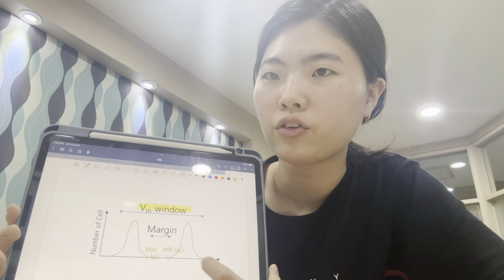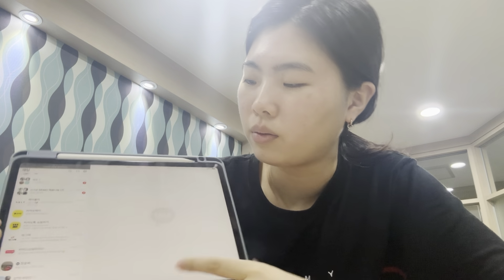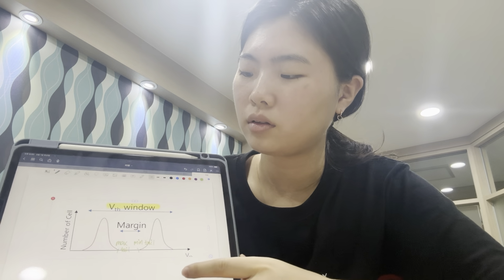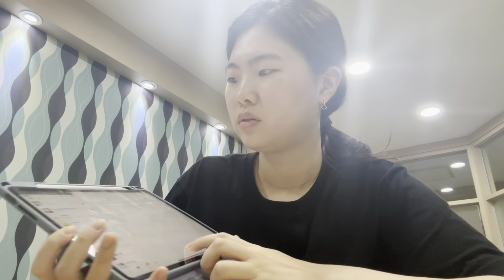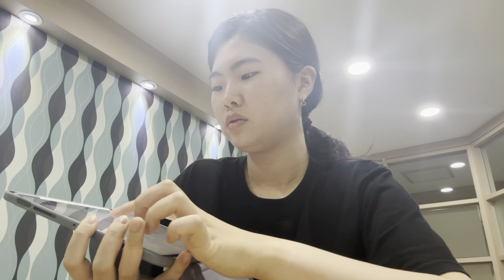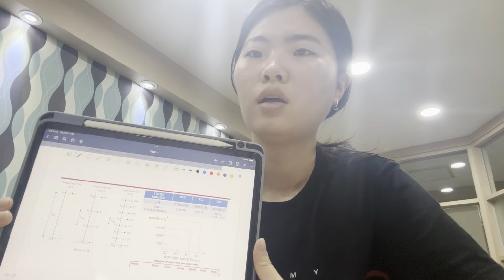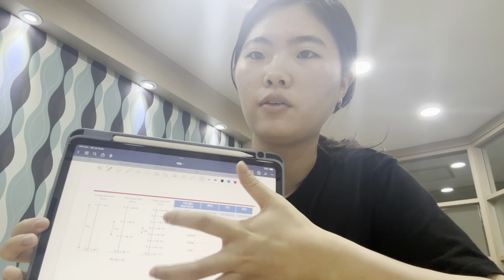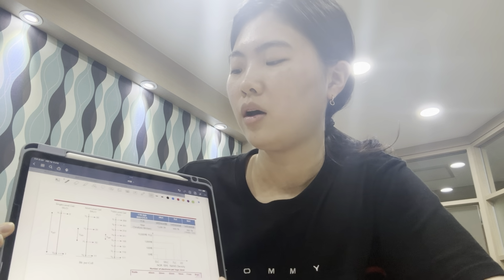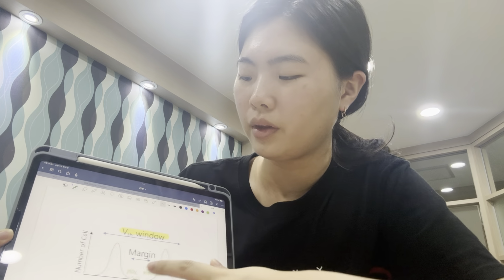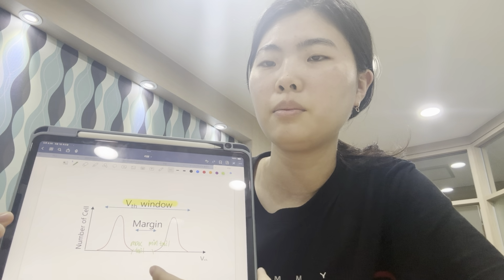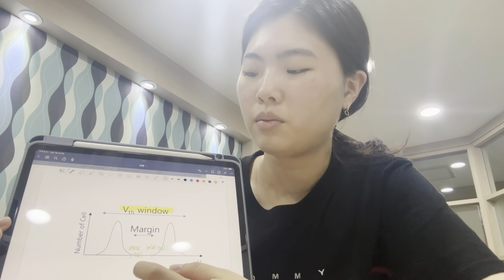This is the VT window, the VT margin, and the max tail and the min tail within this margin.